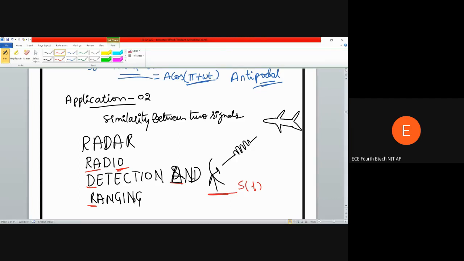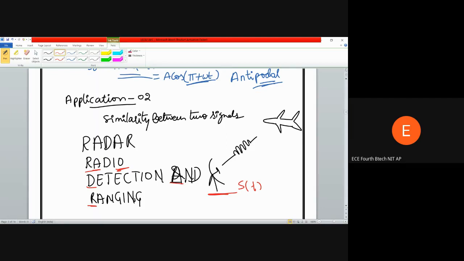So what we will try to do is send a signal, no signal, similar to digital communication, where we are sending two signals, S1 of t and S0 of t. At the receiver end, we will calculate the similarity index, that means the correlation coefficient, between the received signal and the signal that we are transmitting.